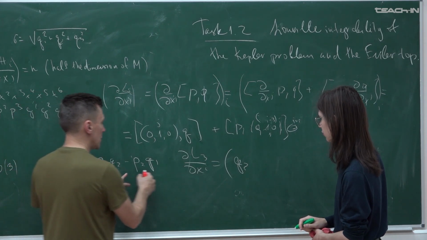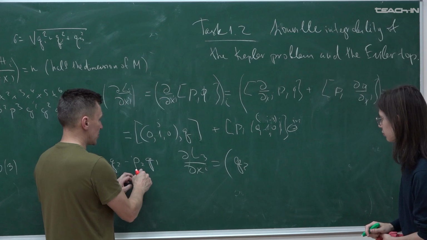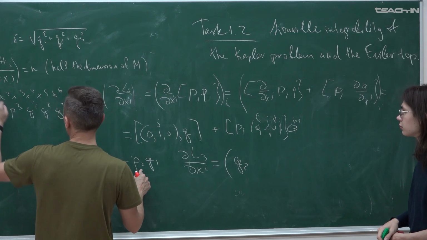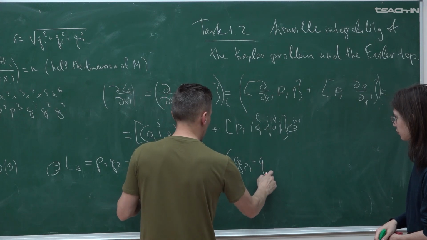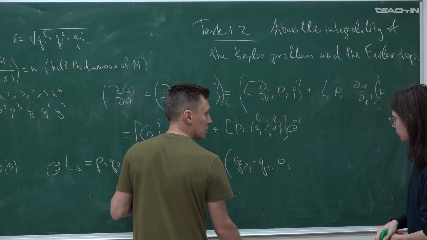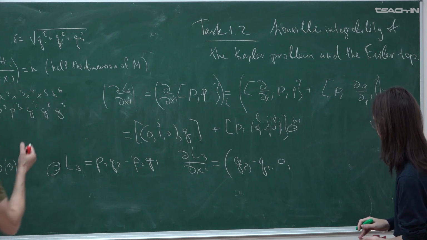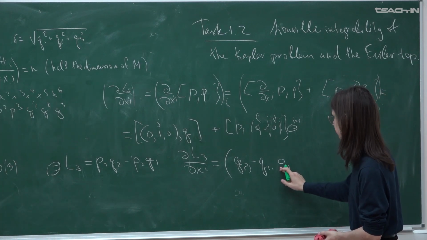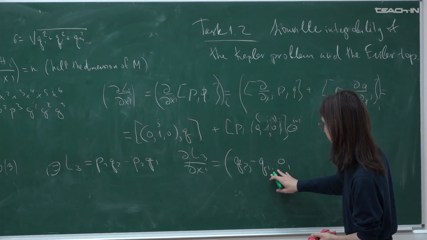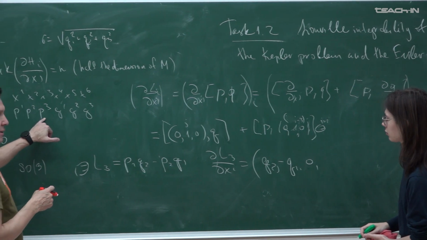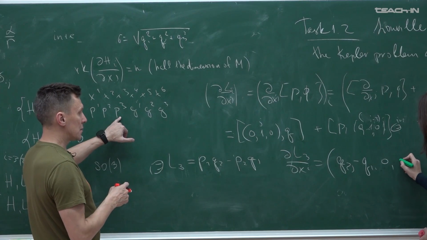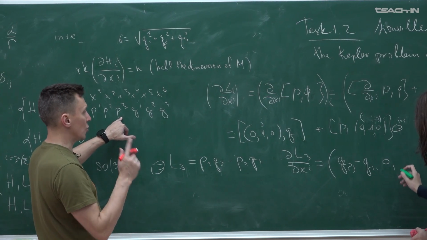If you differentiate it with respect to the second coordinate, which is p2, it is minus q1, 0. Could you write the rest? Because it doesn't depend on p3, but it depends on q1.